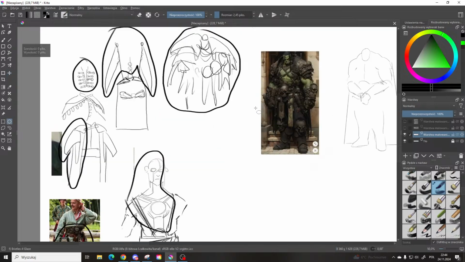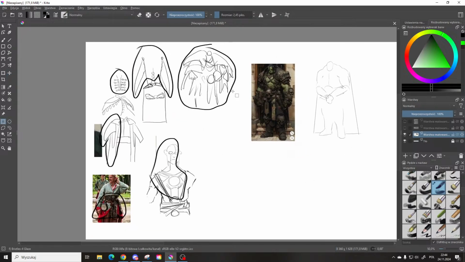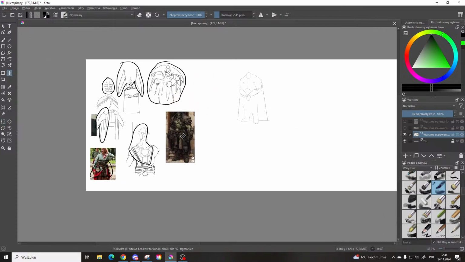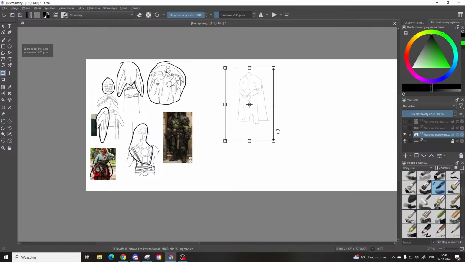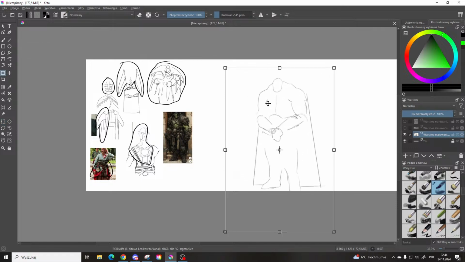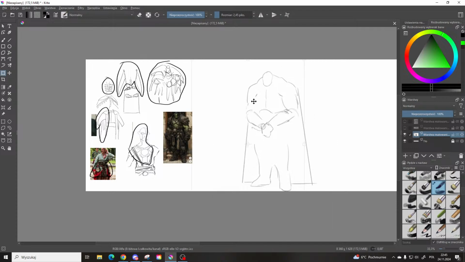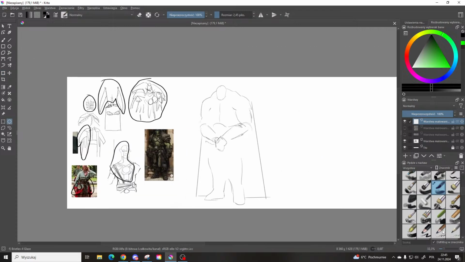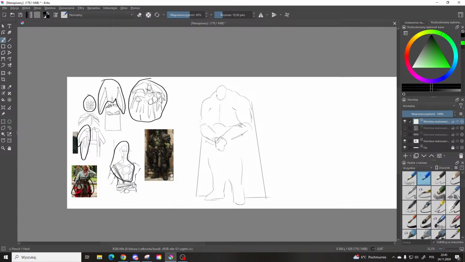Okay, so we have a few things in mind right now. We're gonna put them together, see how they fit, and then we can go for more details in design. I prefer to use this brush because it looks like a pencil.